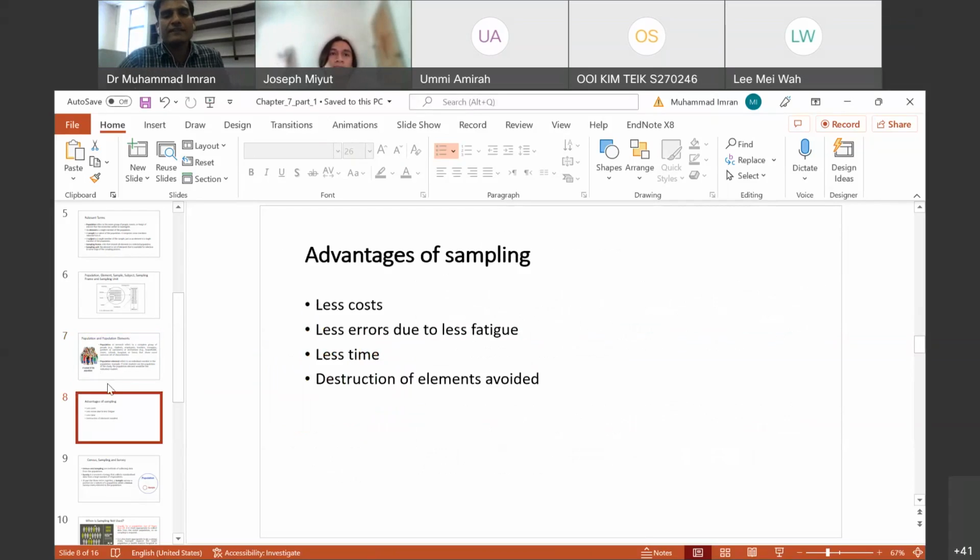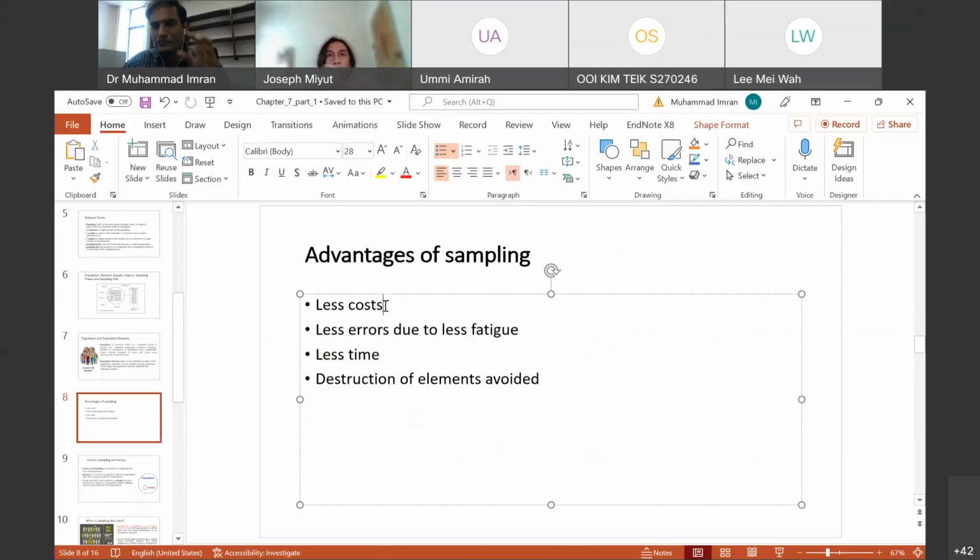Advantages of sampling. Why can we not choose the whole population? Why can we not take responses from all employees? You know why? Because of less cost.